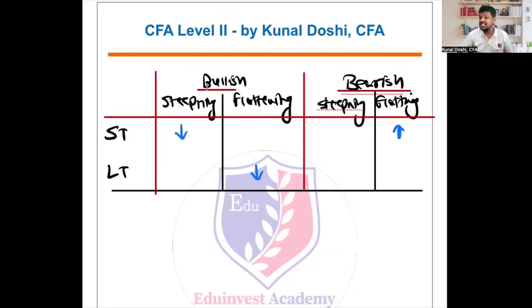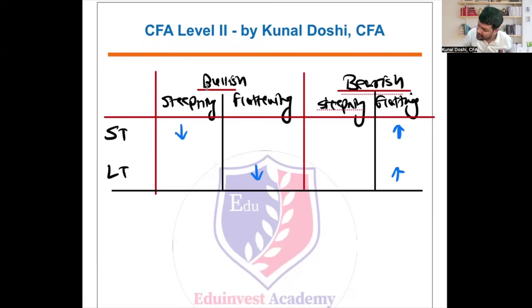But when I say steepening, what is going to happen here? In this case, the long-term rates are rising further. So rates are rising, but which rates are rising, guys? Sorry, my mistake here. Yes, the long-term rates are rising. Correct, everyone? Understood? I'll repeat again.